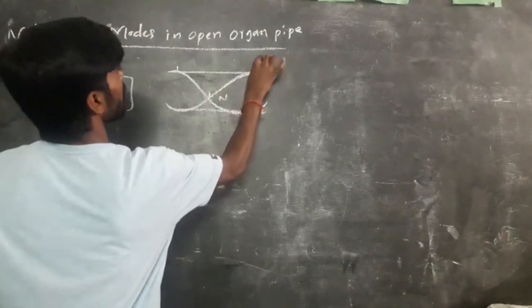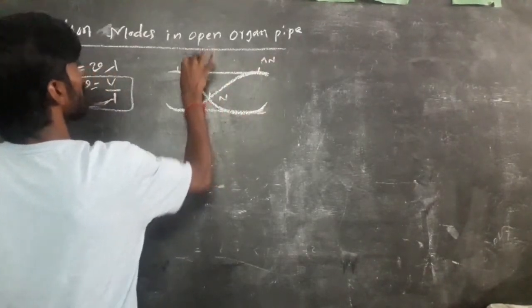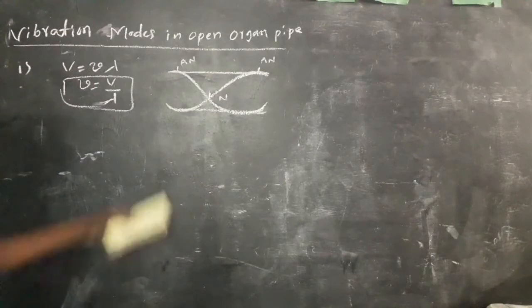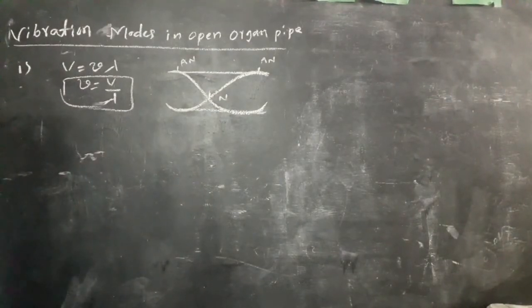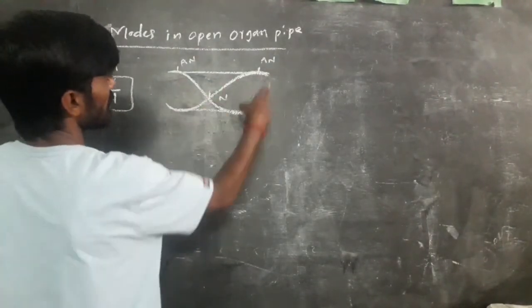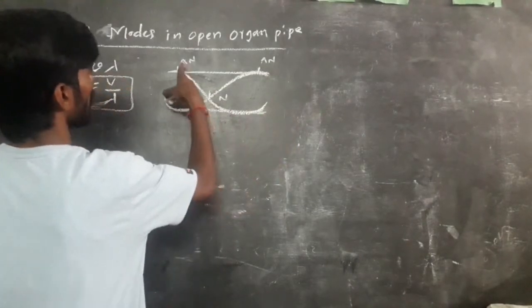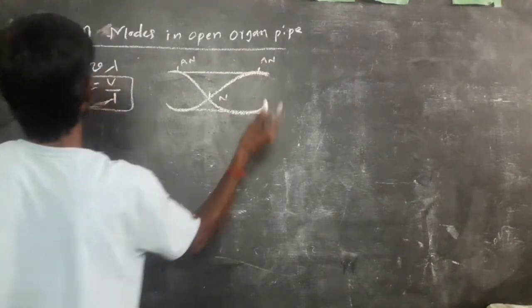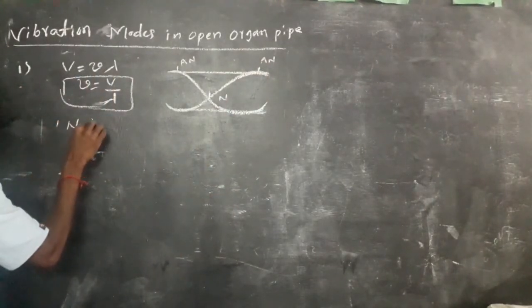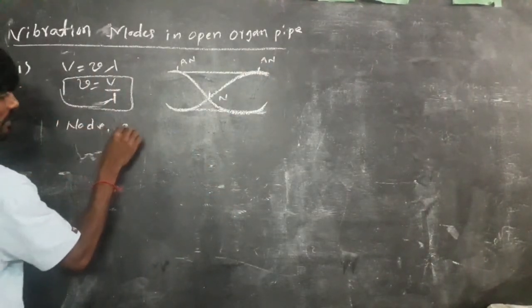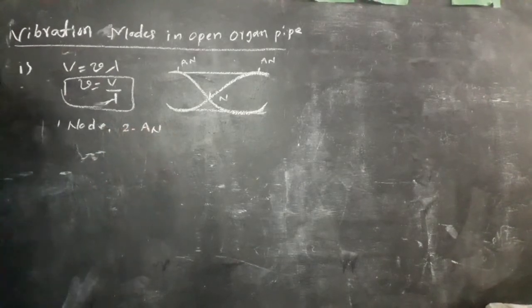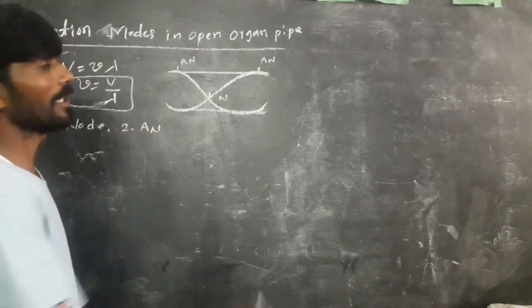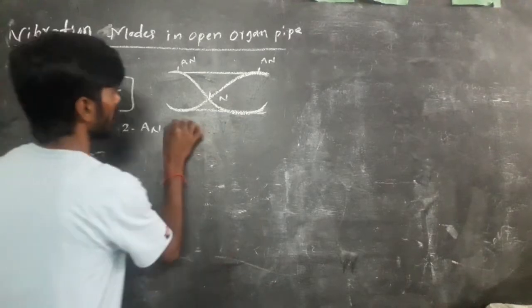Both ends are open, so in this one there are two antinodes and one node. Then the length of the air column, how to find it? I need the total length.